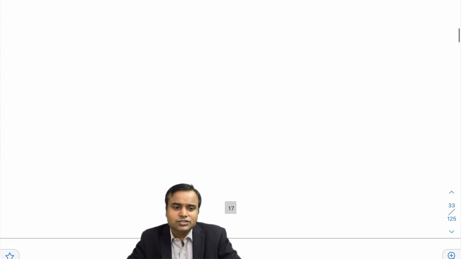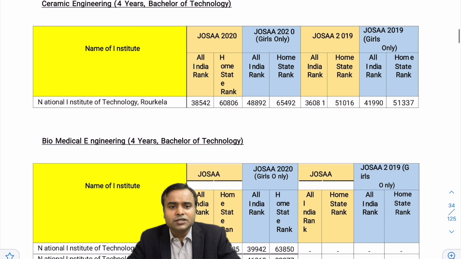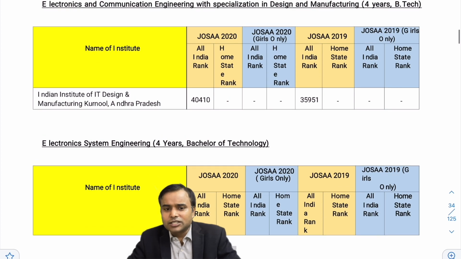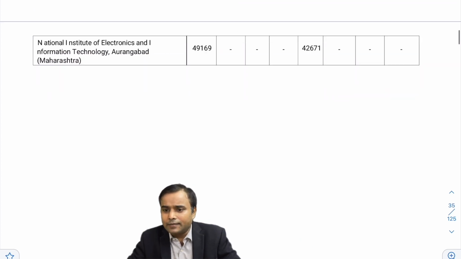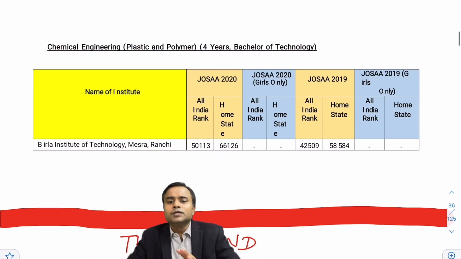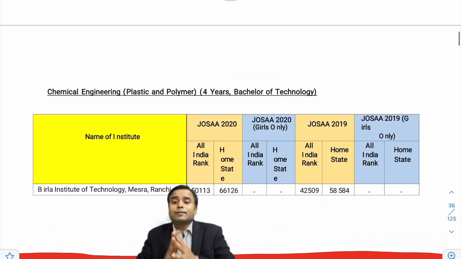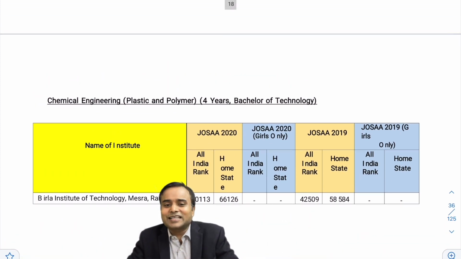You can pause and see the branch and the college, because I have to display all the data so that you can get a better picture. I have covered all. So I have displayed here the data of JOSAA 2020 and 2019.